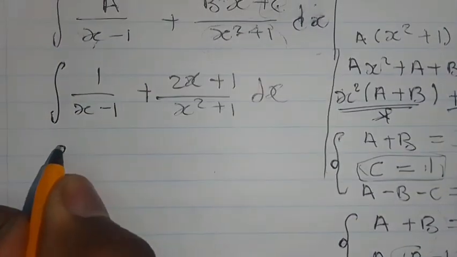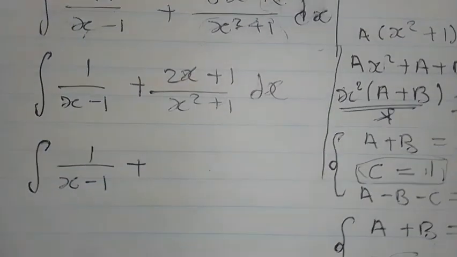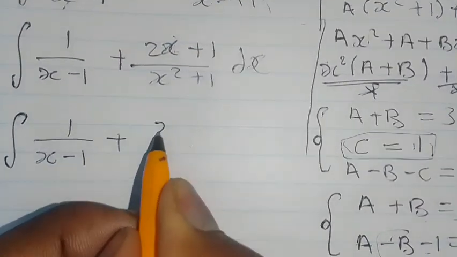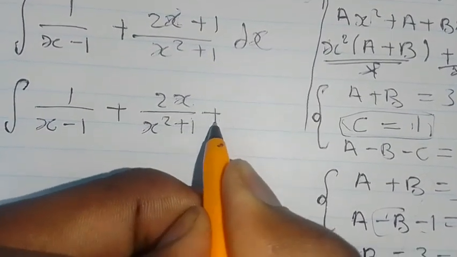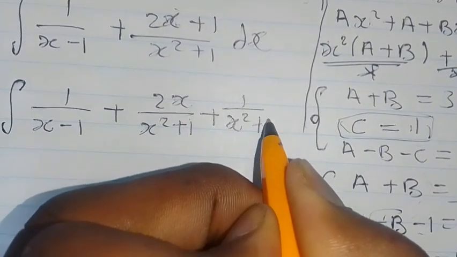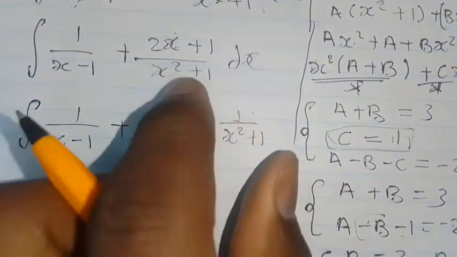So I'm going to complete this one because there's something you need to familiarize yourself with. Now, here, you're going to split this integral into parts. You're going to split the fraction into 2x over x squared plus 1 and 1 over x squared plus 1, but you separate the numerators because it's just the same denominator.